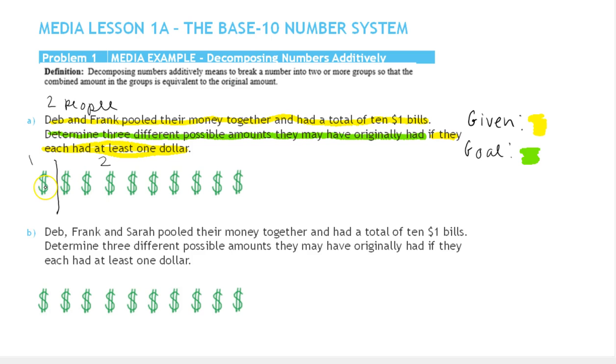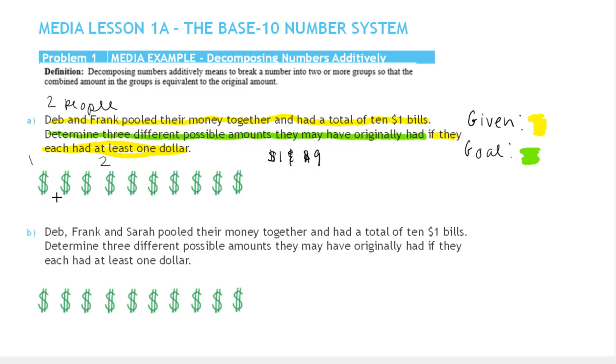So one way to break up or partition 10 into two pieces is for one person to have $1 and the other person to have $9. So I'll write $1 and $9. So that's one possible amount pair.